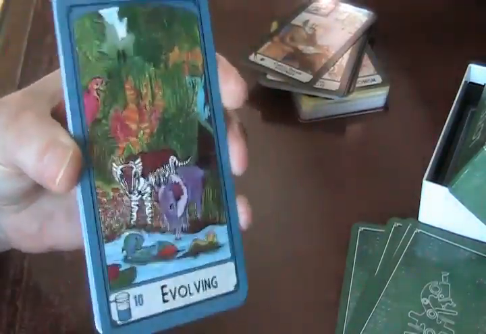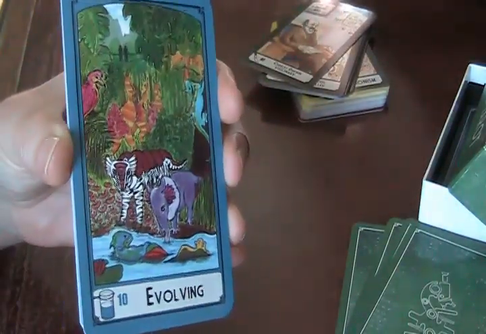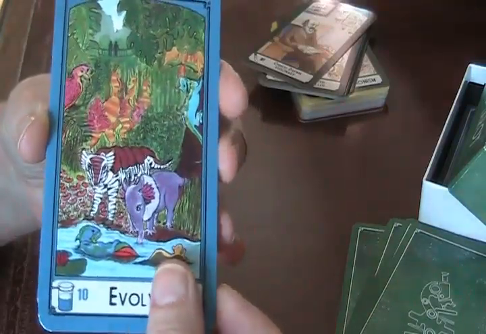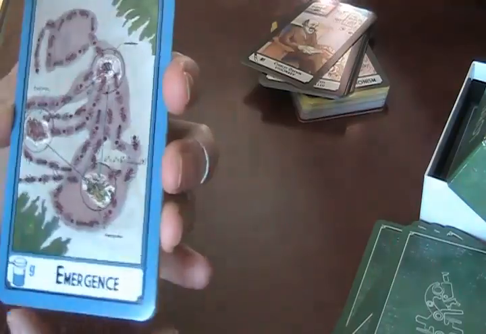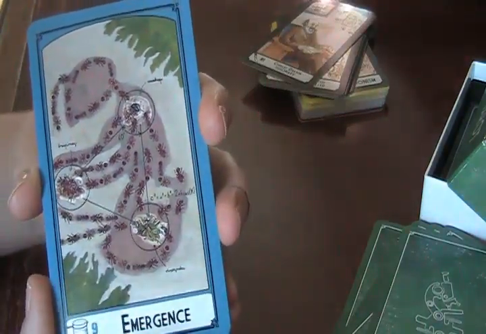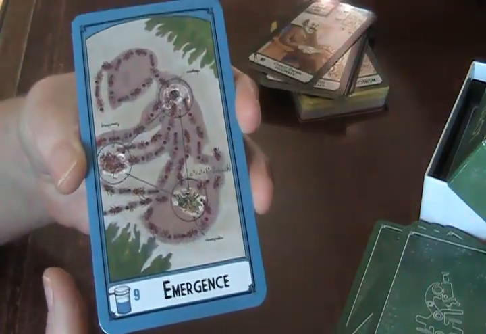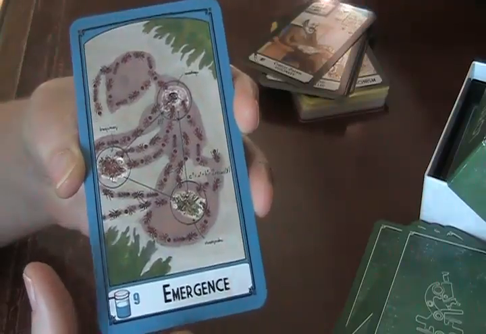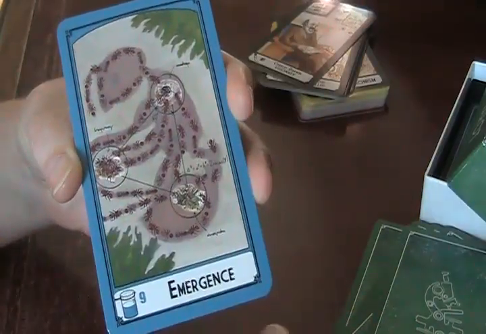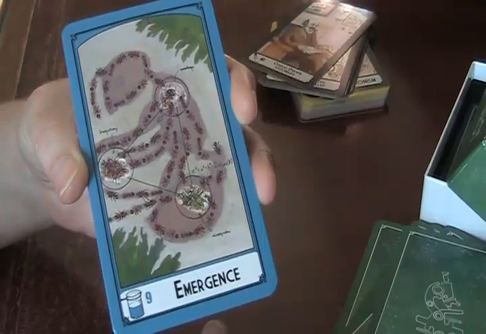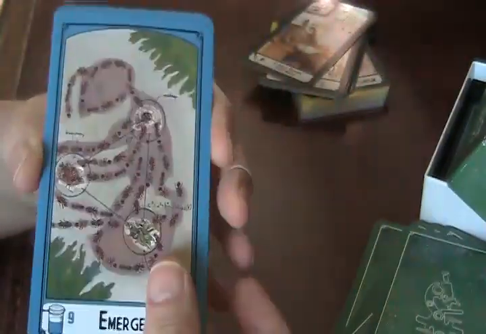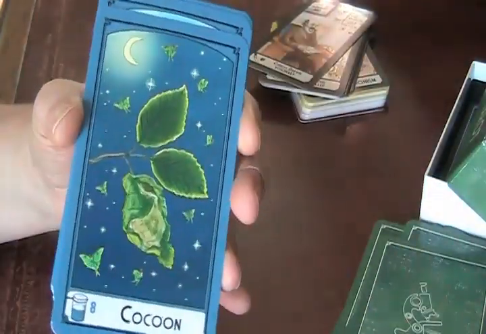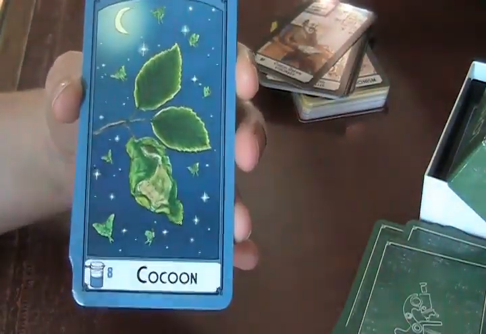And so this is a caution. I think this is a cautionary tale. See the ants in the shape of an ant? Then we have cocoon.